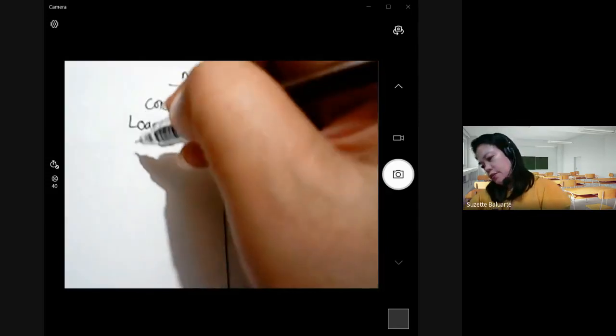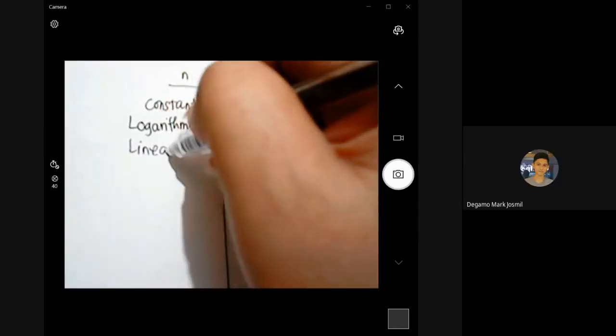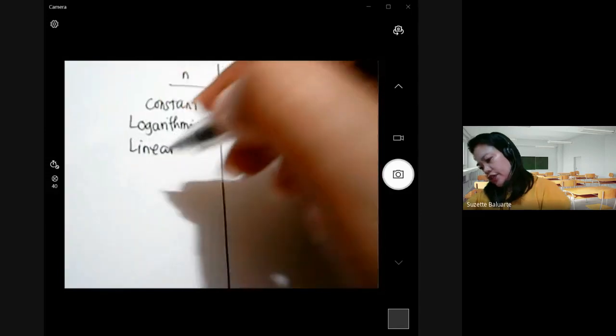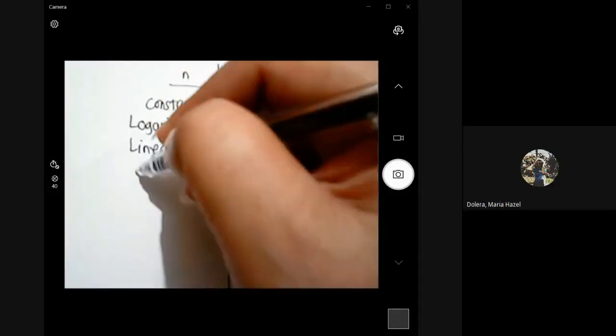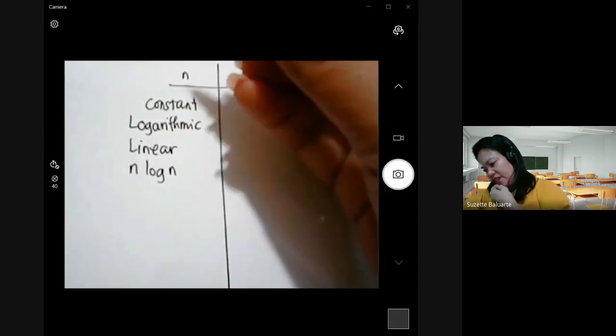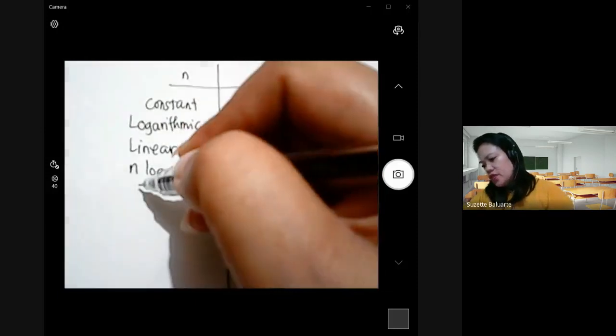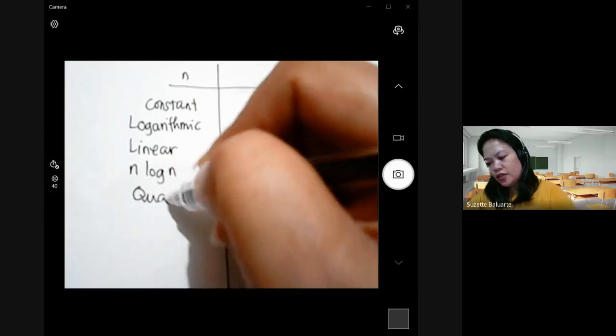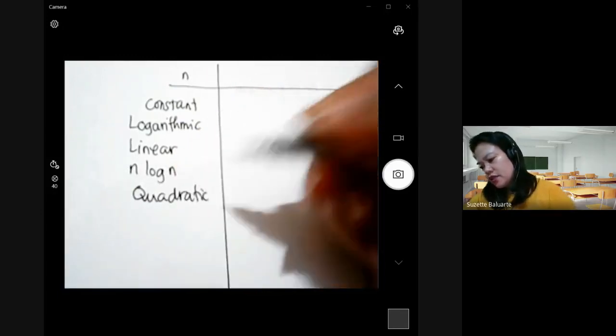After that would be? Linear. After that? N log n. Then after n log n, what is that? Quadratic. Correct, quadratic.